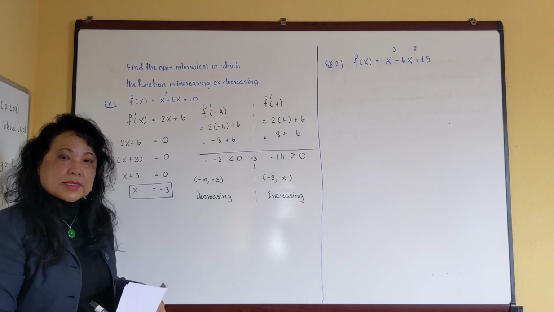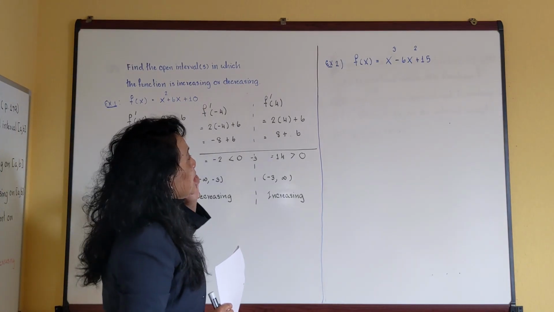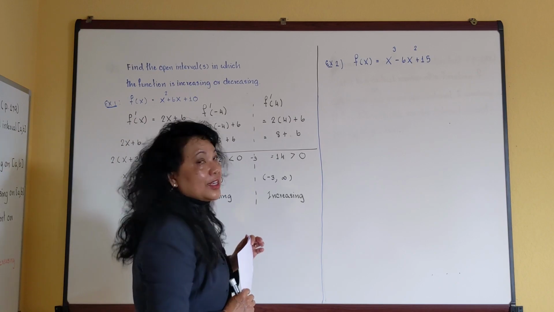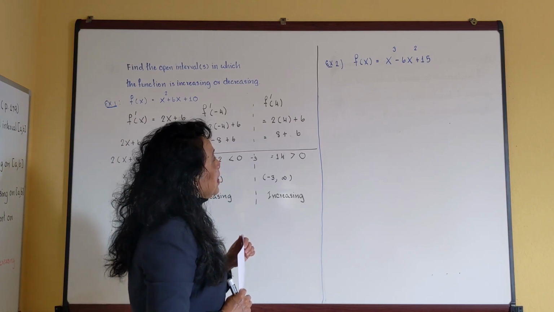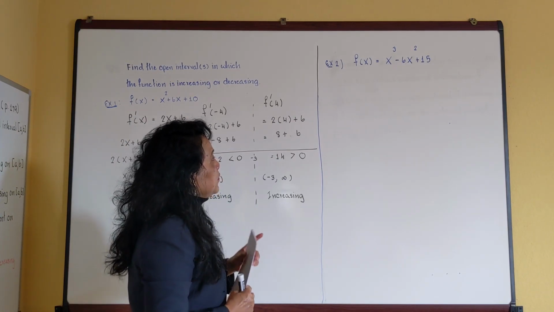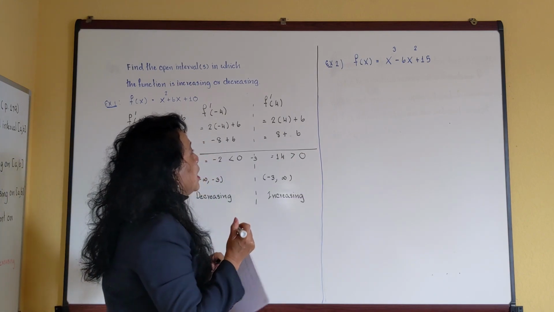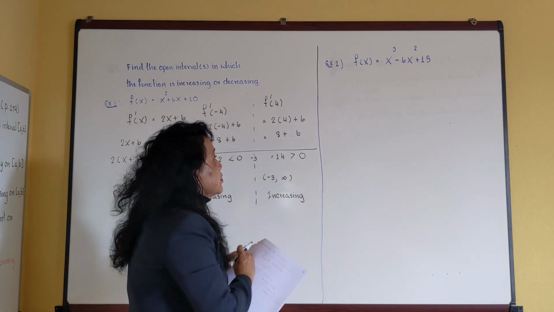Let's look at the next example. Now let's look at this function: f of x is equal to x cubed minus 6x squared plus 15. Again, first step, I'm going to take the derivative of this function.